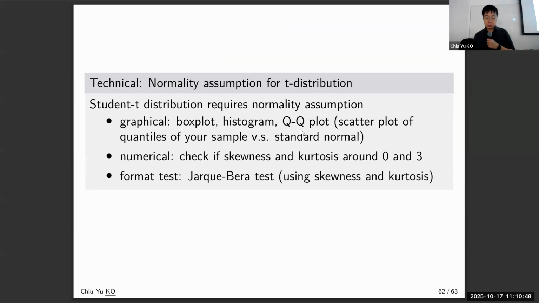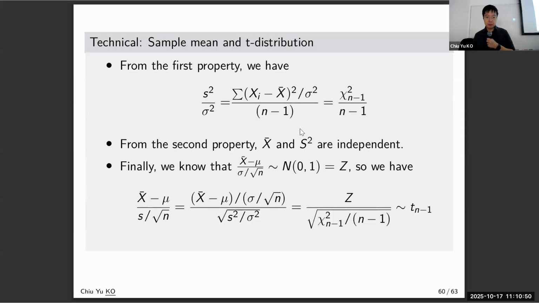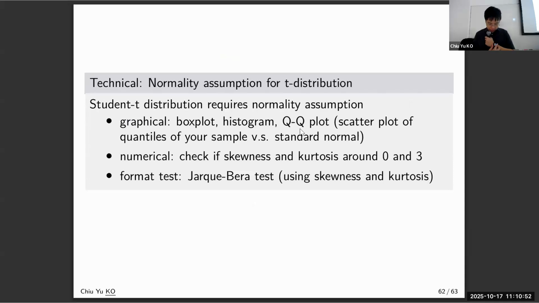One minor thing I want to mention is that because we rely on the normal assumption, we need to check the normality.